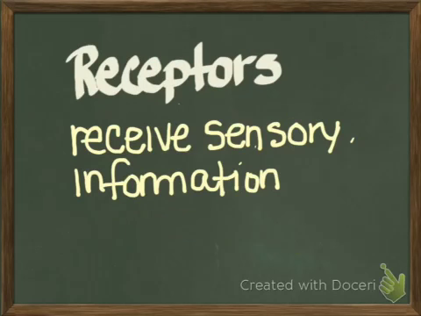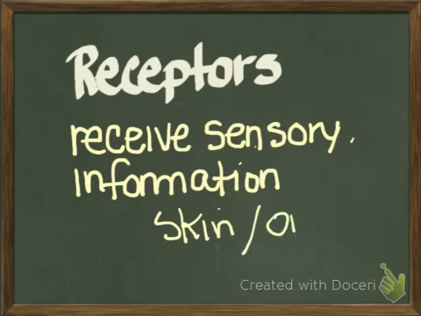We have receptors, and as I said before, receptors receive the sensory information coming from either the surface of the body, like the skin, or from organs or viscera.